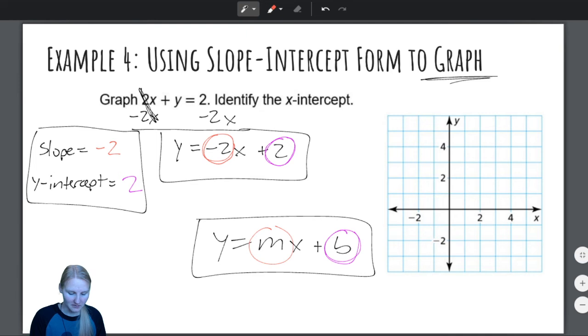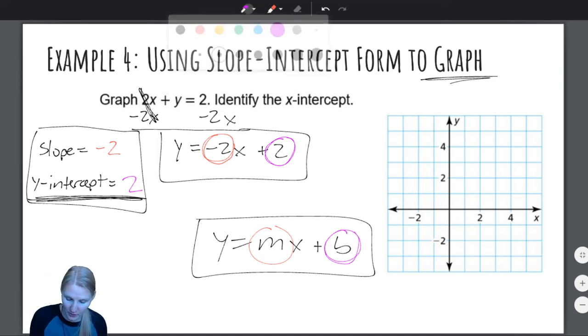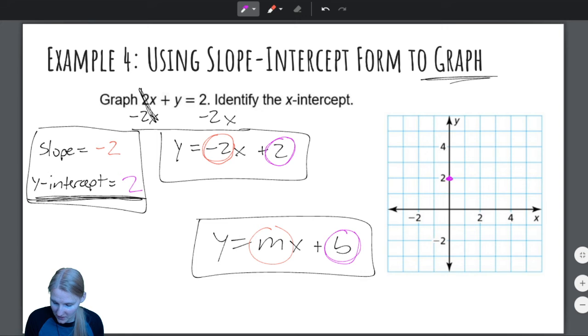So, if the y-intercept is 2, that means that my graph crosses the y-axis at 2. And you know what? I'm going to go ahead and make this purple so that you can see this is the y-intercept.